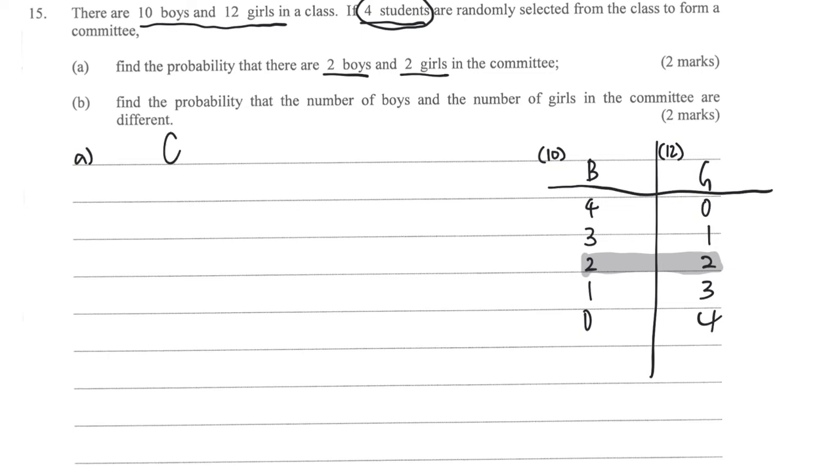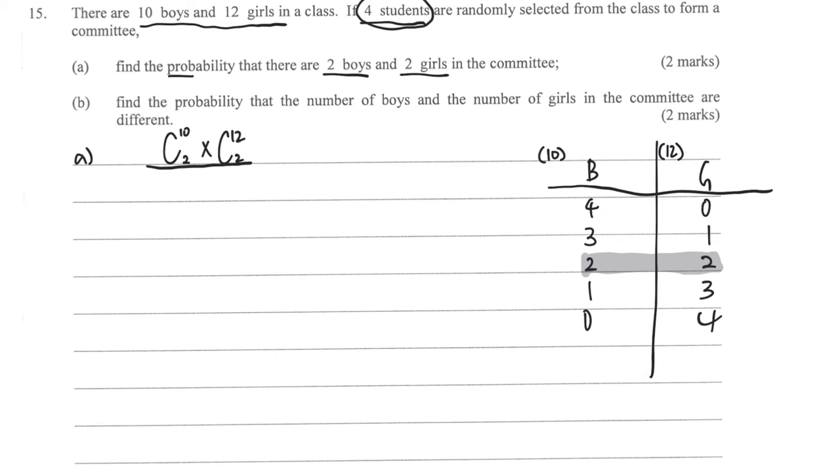So therefore, we put the 10 on the top. That's basically another way of writing down nCr: you've got the n on the top, and then the r, the required, so it's the 2. And when it happens at the same time, we multiply. And then we have 12 girls, and we need to select any 2.